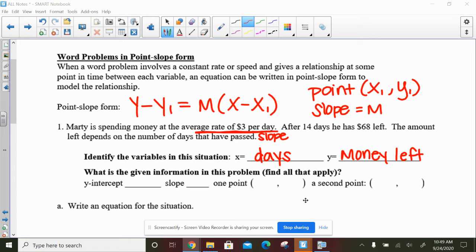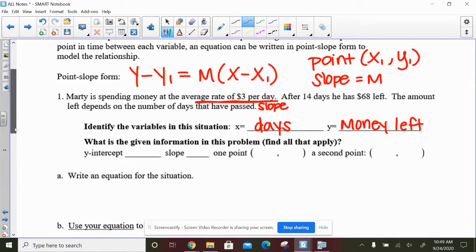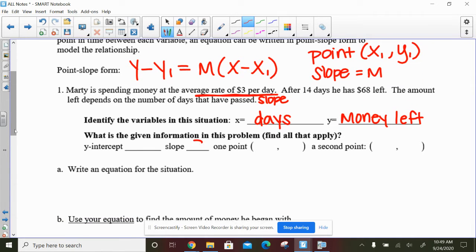Now, for this next question, I'm only going to fill in things that apply, the stuff that I know for this particular problem. I know my slope is 3, and actually -3, because I'm spending that amount per day.